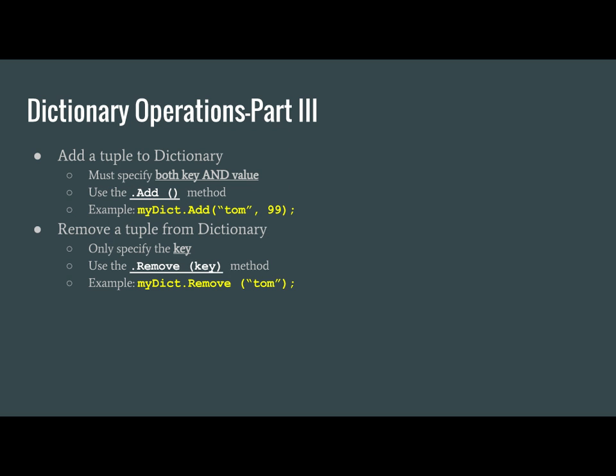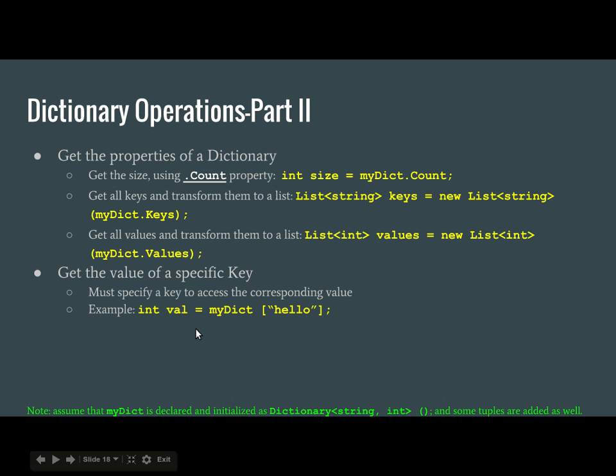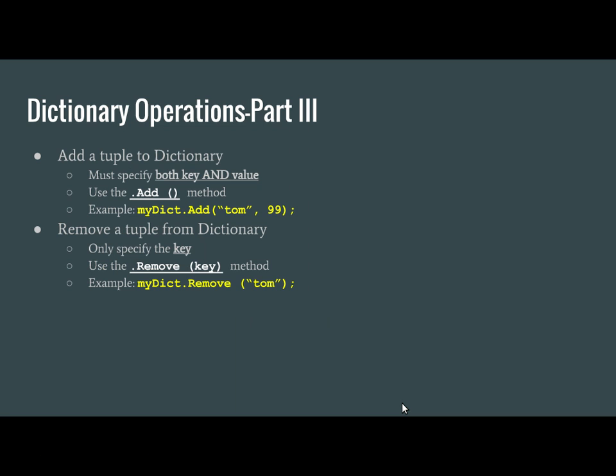So in this case, we use my dictionary object, invoke this .add method, and give the arguments Tom and 99. Assume that myDictionary is string and int. So the first one is always the key, and the second one is always the value.